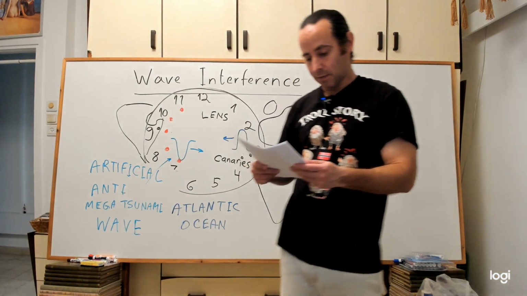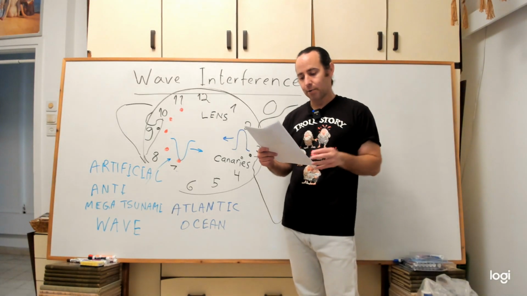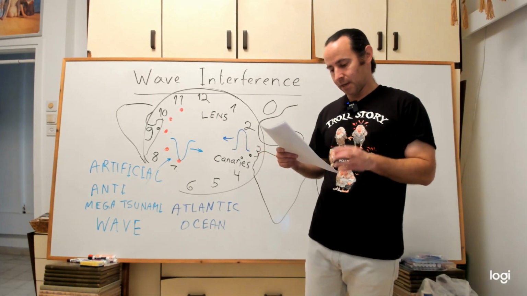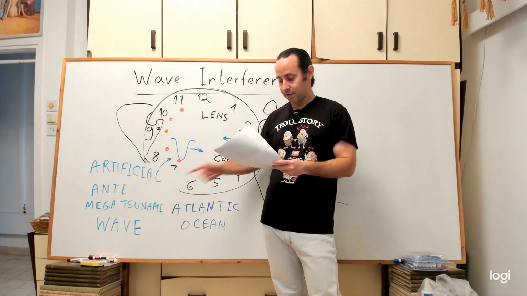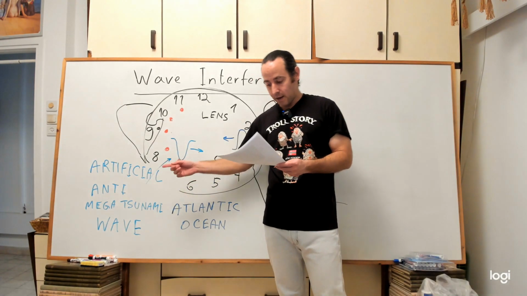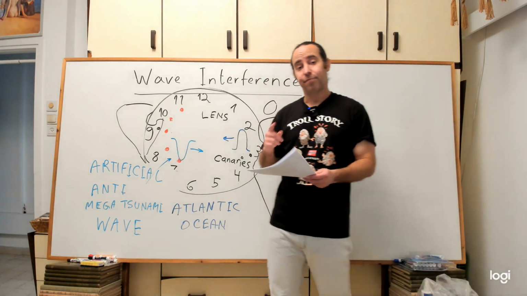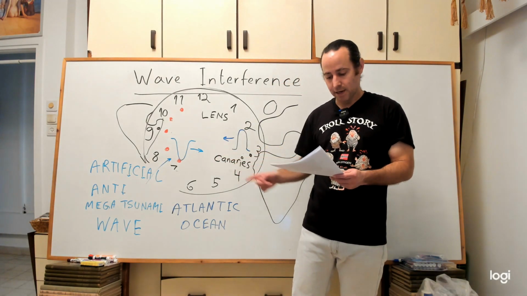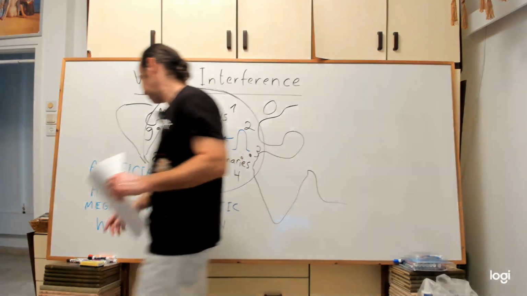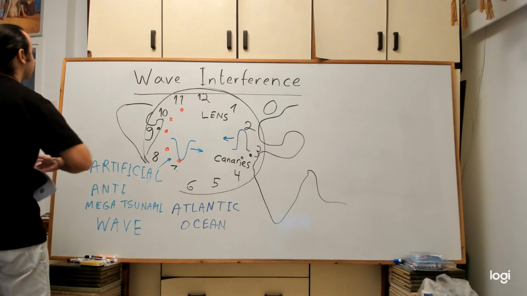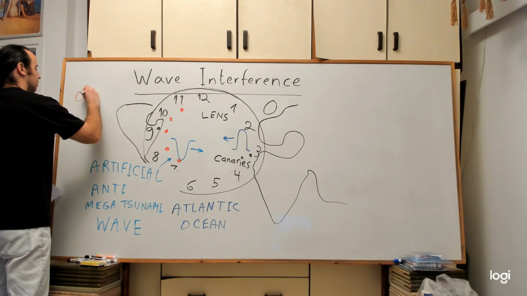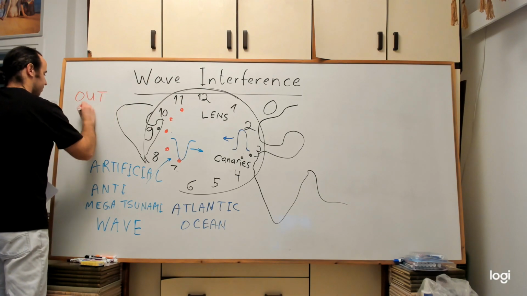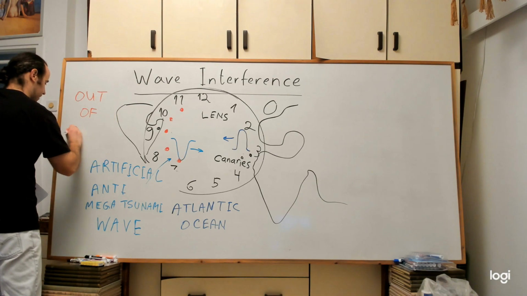Okay, so step 4. Now here is the tricky part. We must make this artificial anti-tsunami wave out of phase from the original tsunami wave. Okay, out of phase.